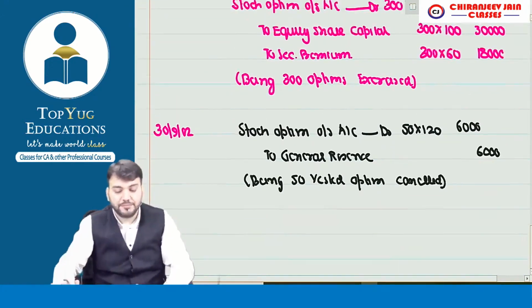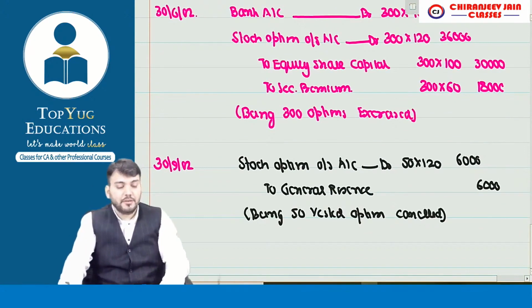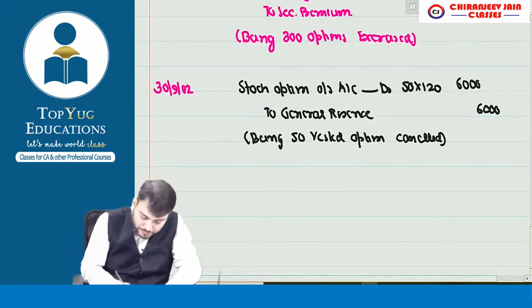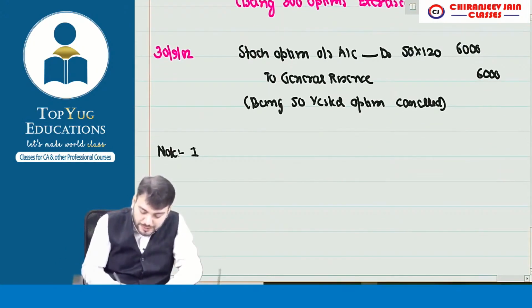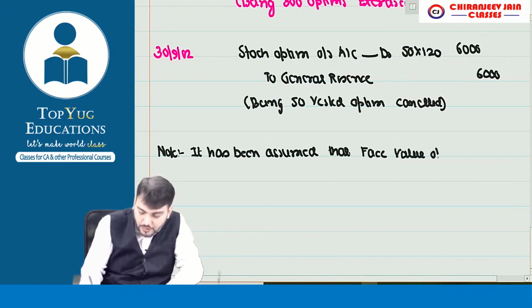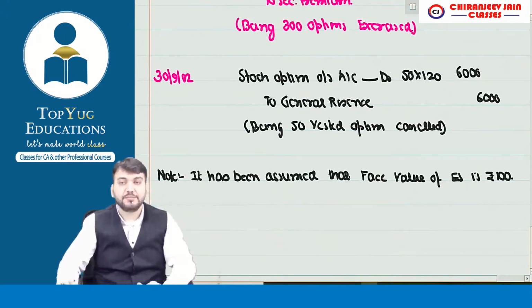Correct. Very simple. Understood? You can write down one note. It has been assumed that face value of equity shares is rupees 100. Simple.